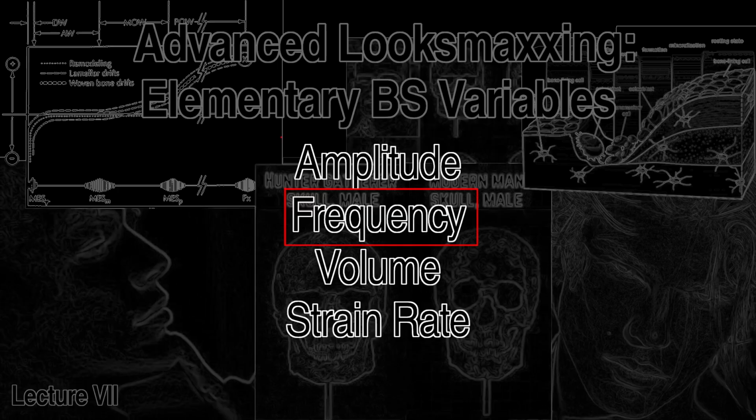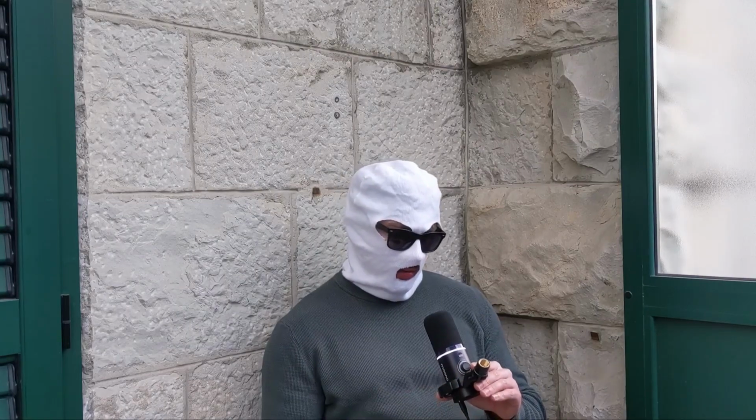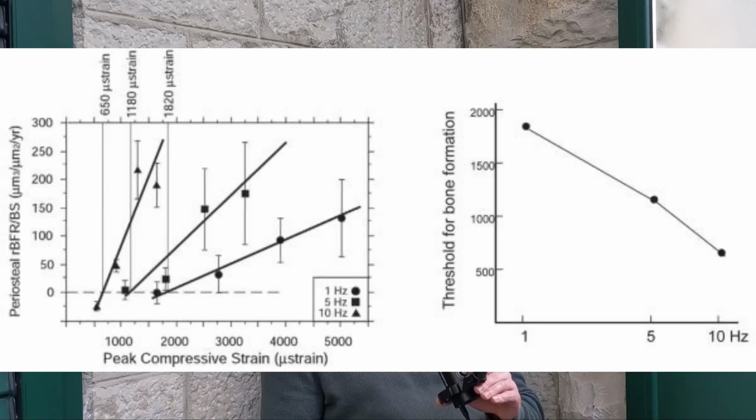Now, an interesting phenomenon found here is that the increase in bone formation related to strain amplitude is dependent on frequency, meaning the higher the frequency, the more sensitive is the increase in bone formation as amplitude rises, which can be seen on these graphs. Firstly, bone formation rises quite a bit faster in the group who received the same program with a higher frequency than in the group that received that program with the lower frequency.